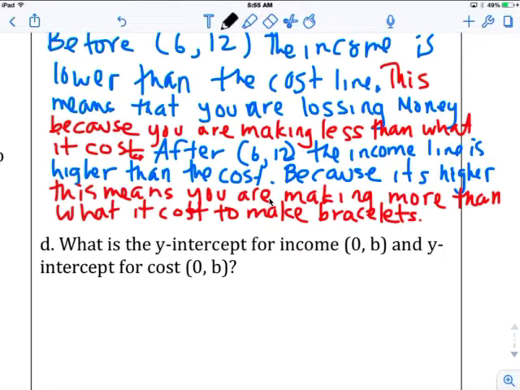Finally making profit. You are making what we call profit. Okay, you're in the positive.